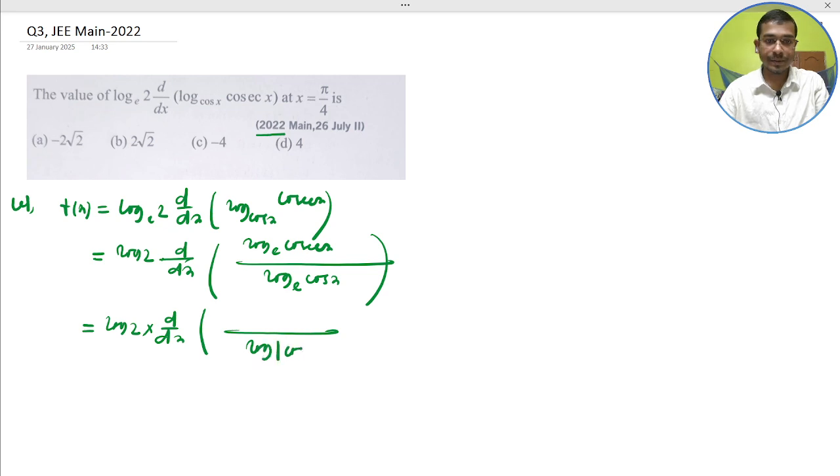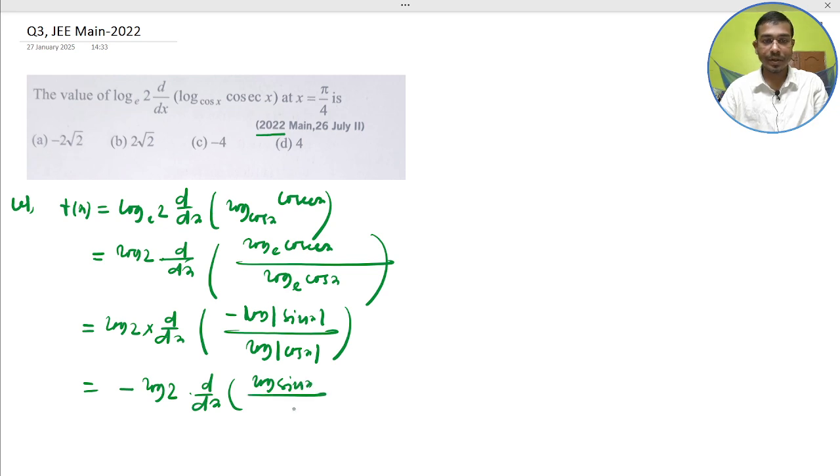Log cos x, and this should be minus log mod sin x. So minus should become first by the logarithm rule: log 2 d/dx of log sin x divided by log cos x.